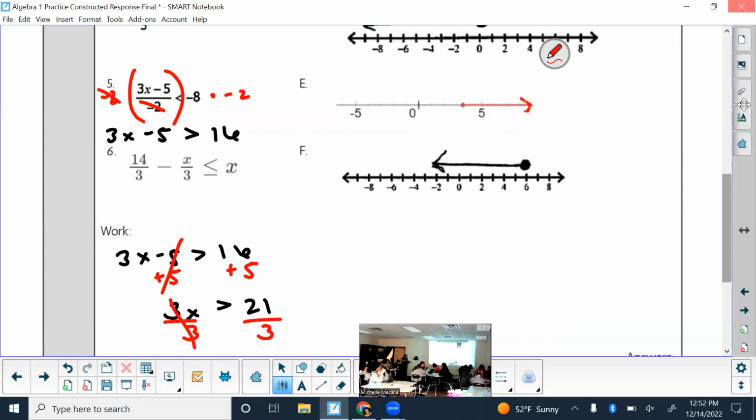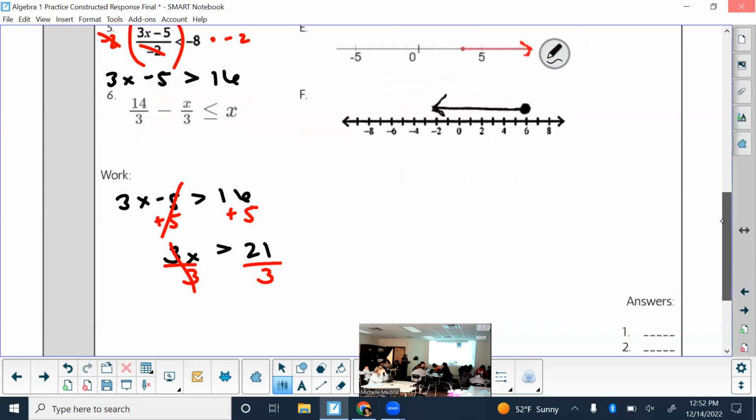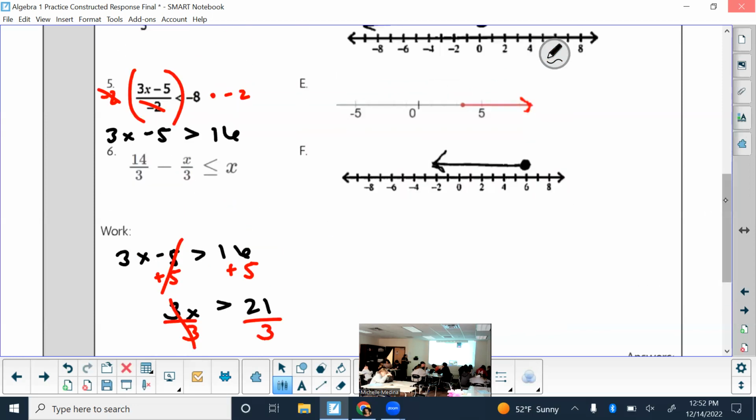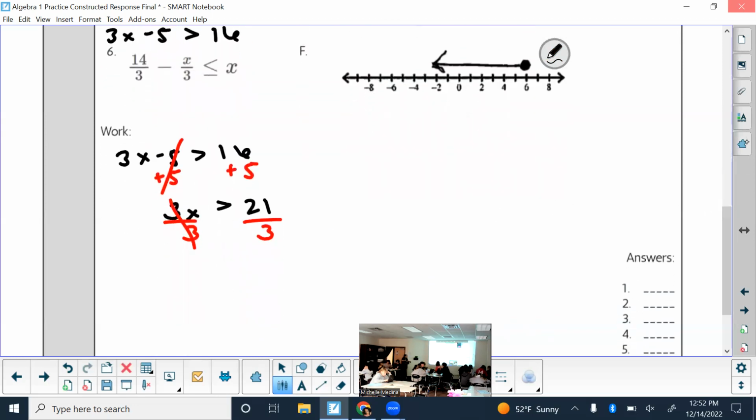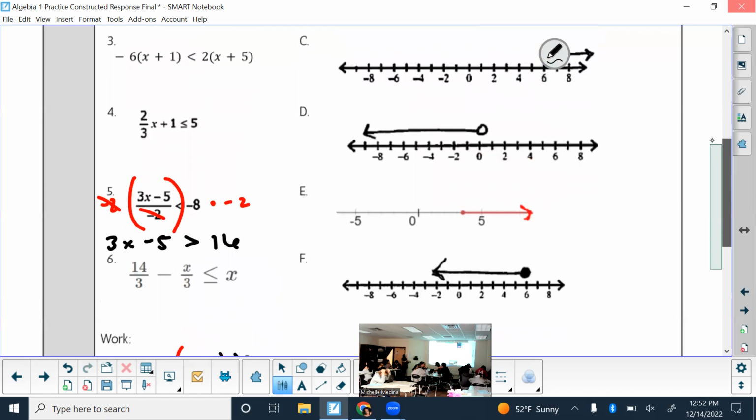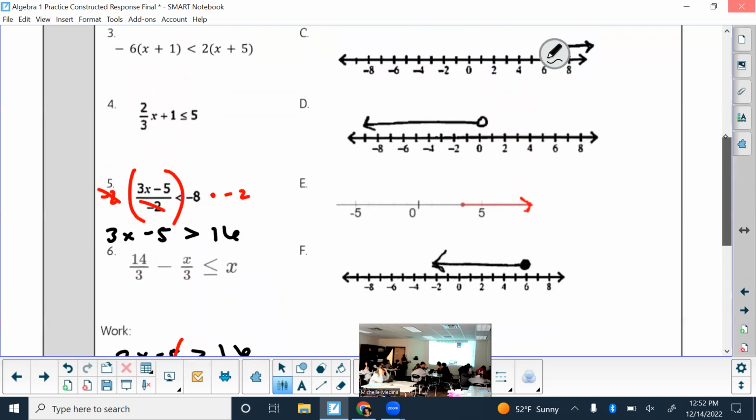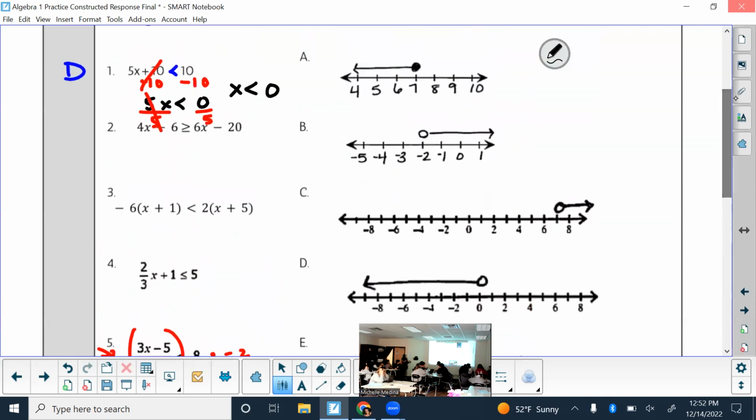No, because the 3 is positive, so just leave it alone. So then x is greater than what? 7. So then when I go back and I need to match it, we already said B goes with number one, so between B and C, those are the only other open circle ones. Which one will it be? B. For number one. Okay.